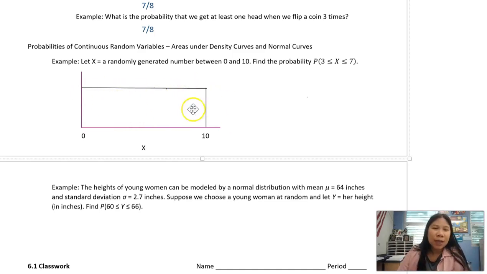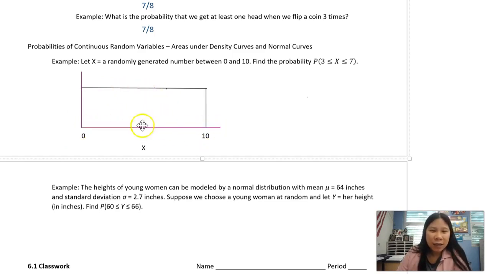And so in a density curve, one of the rules was that the area of this curve, of this rectangle, should equal 1. Kind of like how all probabilities have to add up to 1 in a probability distribution. So if the area underneath this is 1, when we find the area of a rectangle, we usually do length times width, whichever, width times length, whatever you want to call it.